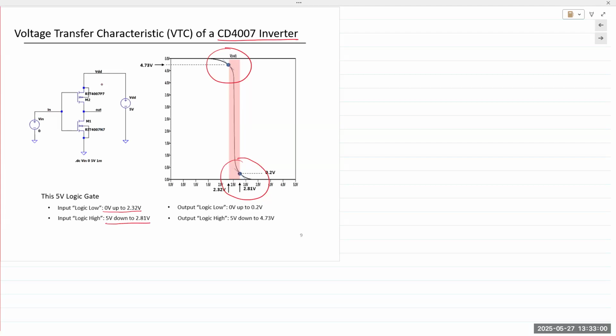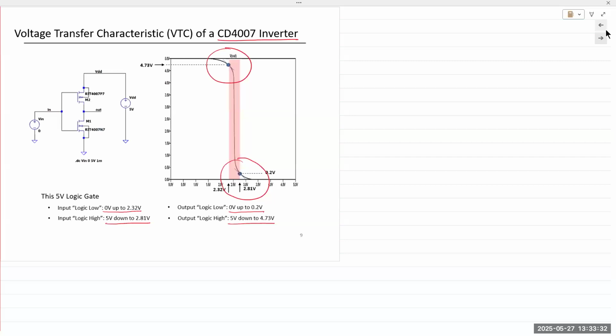And on the next slide, I'll explain with charts what exactly it means. On the output side, the tolerances are a little bit tighter. 0 up to 0.2 volts is considered to be logic 0. And 4.73 and above is considered to be logic high. So on the input side, you have a larger margin. On the output side, a smaller one.